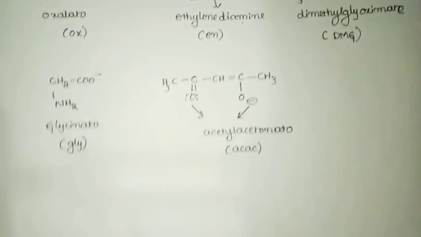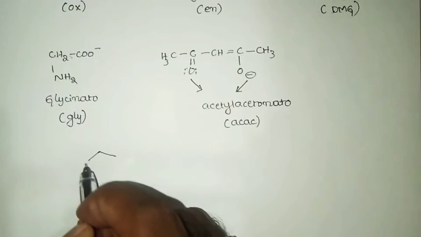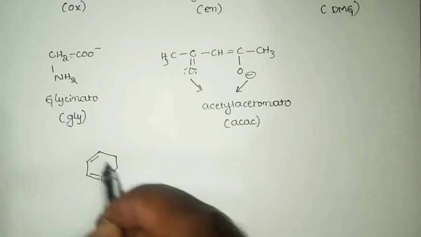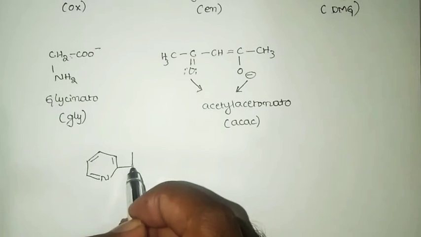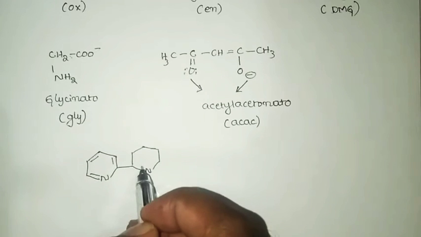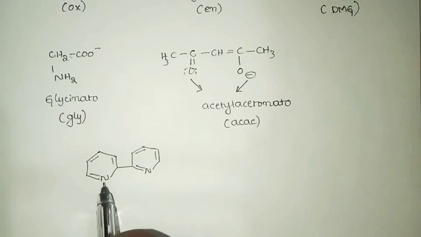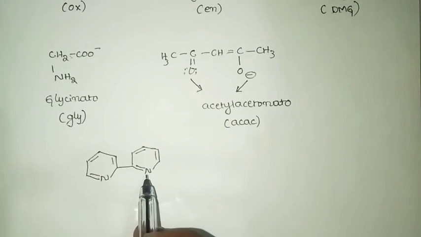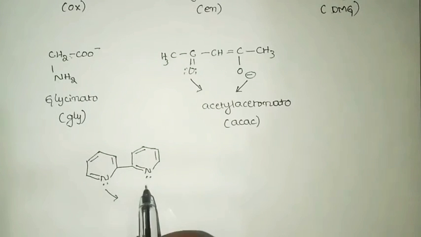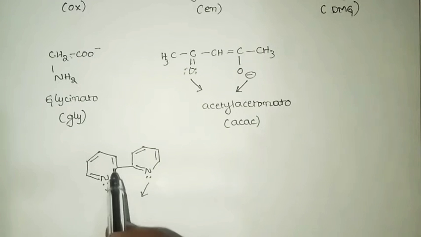So one last example for bidentate ligand, that is, we said pyridine will act as a ligand, a heterocyclic compound. So whenever we are having bipyridine, this one, so like this can also act as a bidentate ligand, where we are having nitrogen atoms. The nitrogen atom will be having the lone pair of electrons on it, and that will be donated to the central metal atom. So here this is the position.